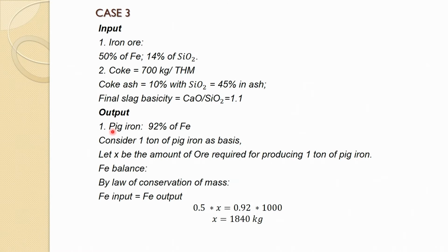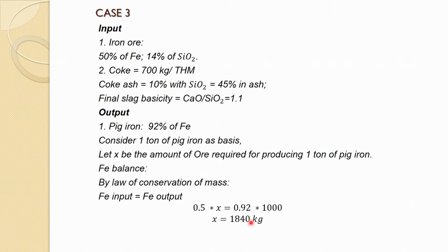So, again we can use our calculation based on per ton of pig iron. So, iron input is the same calculation as we have done in case 1, so I am not repeating it here. Iron input equals iron output, a simple mass balance. So, 50% iron into x amount of ore is the input, and 0.92 is the iron in 1 ton of pig iron. That gives you the requirement of ore as 1840 kg.